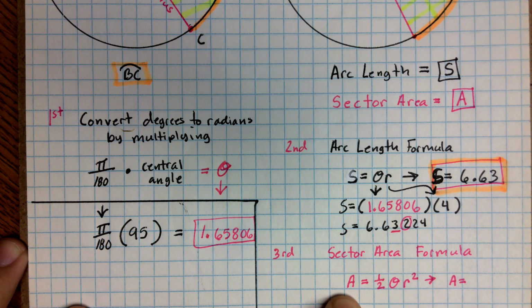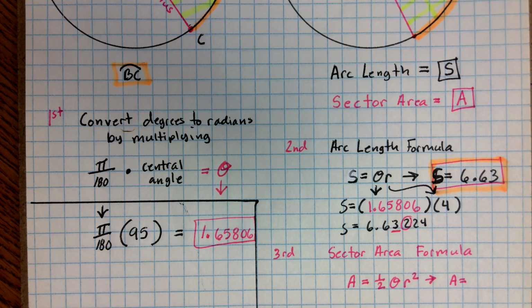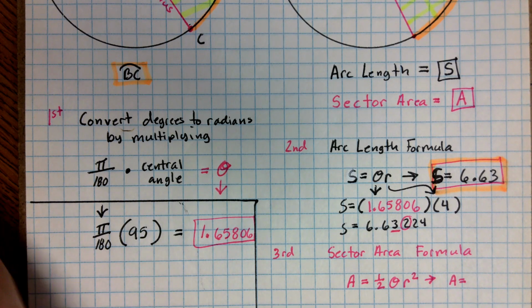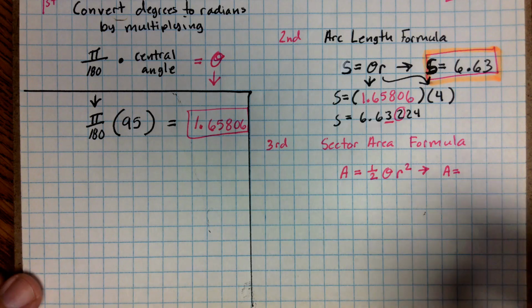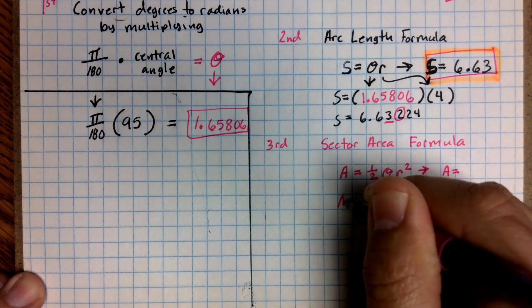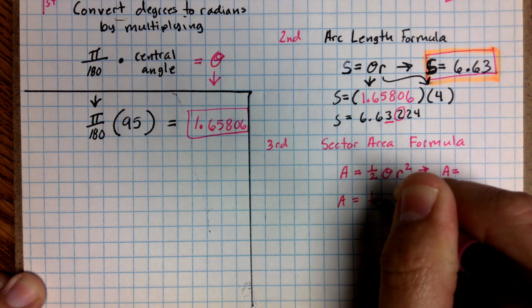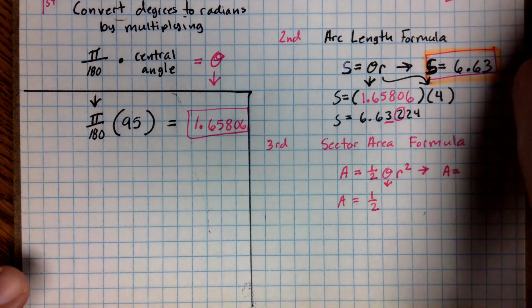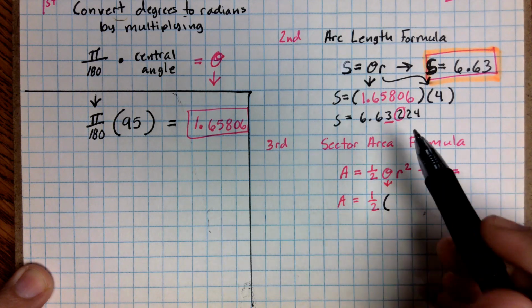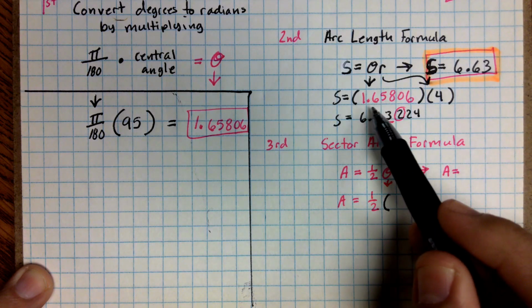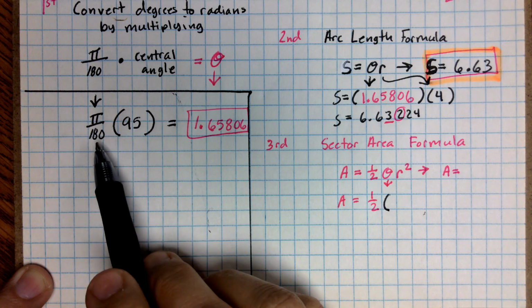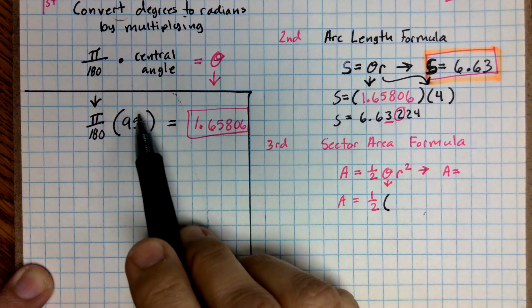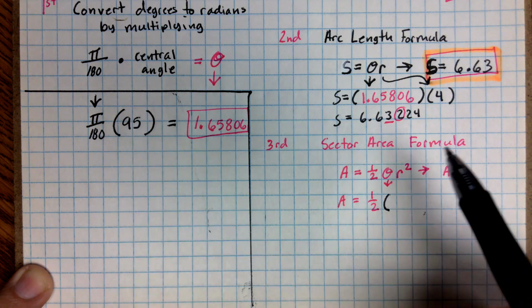For that formula, A is equal to 1/2 times theta times the radius squared. We already know some of those numbers, so it's going to look very similar to what we're already doing. So we have A is equal to 1/2. But instead of theta, I'm going to put the number in for theta. It's the same number we used up here, which we calculated by doing pi over 180 times the 95 degrees, the value of the central angle.